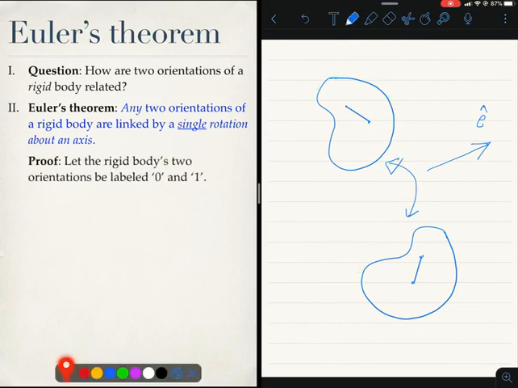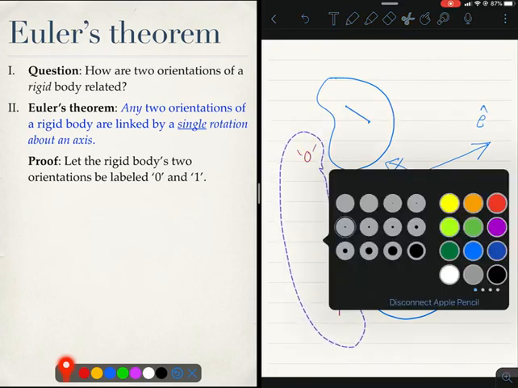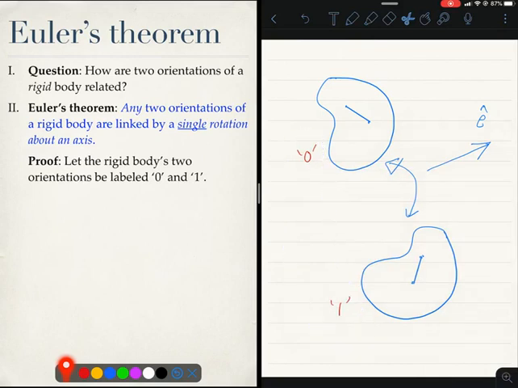Let me first begin by labeling this orientation as 0 and this orientation as 1. Let me color code it, just because I can. So let's call it red. So two orientations, 0 and 1. I have been told that I can identify a rigid body with a Cartesian coordinate system. So here is my Cartesian coordinate system in the rigid body, E1, E2, E3, centered at some point G. This is the BFCS of this rigid body.